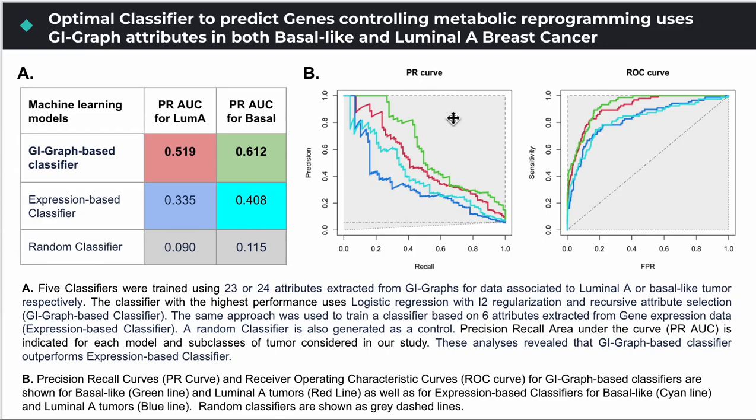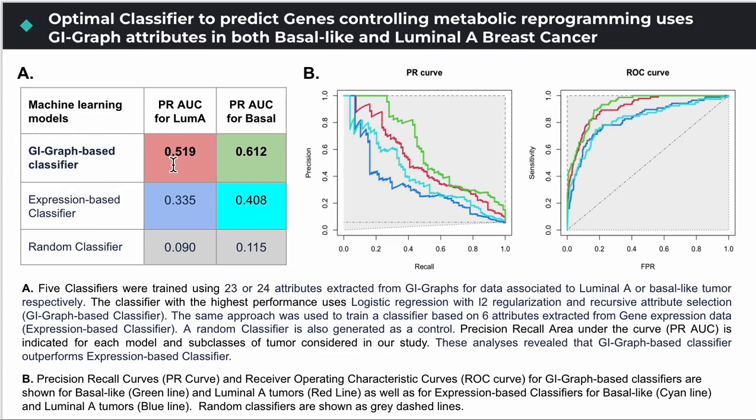So you have a precision recall curve and also ROC curves that are indicated. On the left panel, you have the different AUCs of classifiers that are trained on the luminal A subspace, Warburg subspace, and basal-like. We trained 5 different classifiers, and shown here are only the results of the one that worked the best for both expression and GI graph.